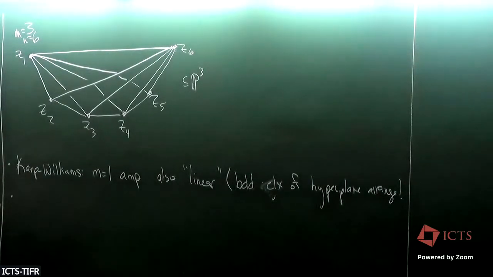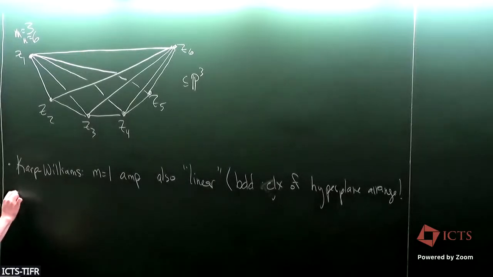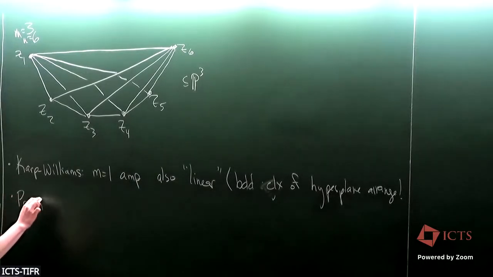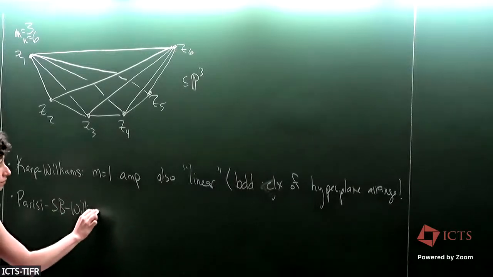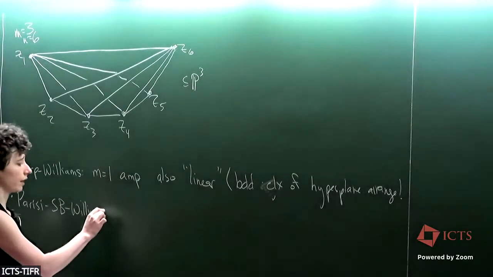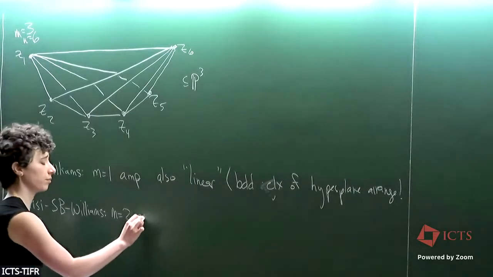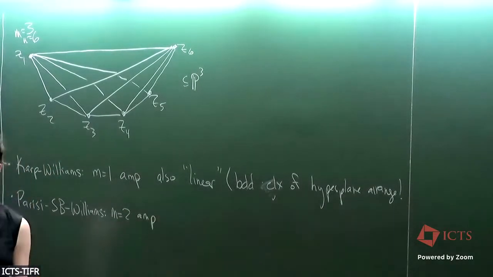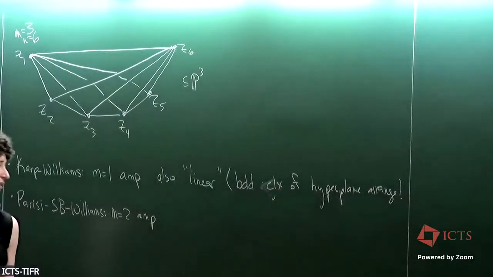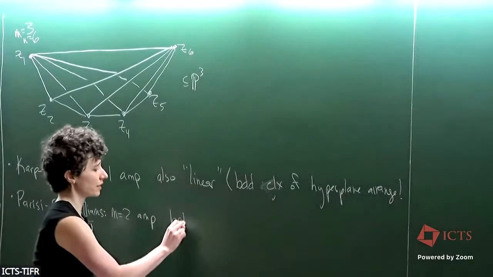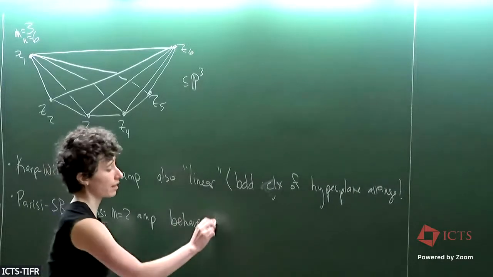I wasn't going to say this, but maybe I will. In work with Parisi and Williams, we show that the m equals 2 Amplituhedron, well, it's not linear, but somehow it has some linear features. So what I'll say is it's not linear, but it behaves like a polytope.